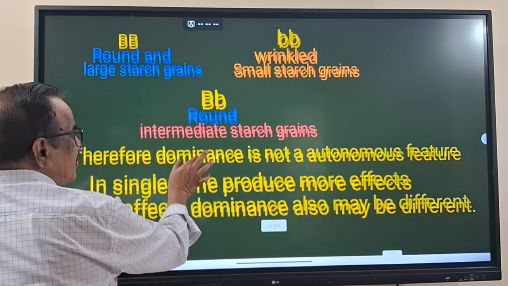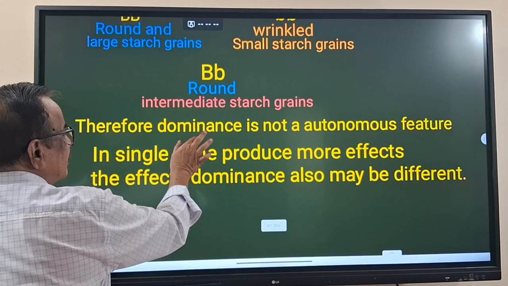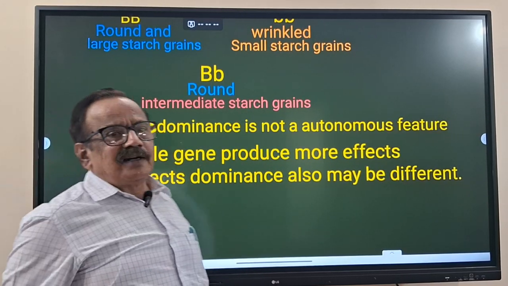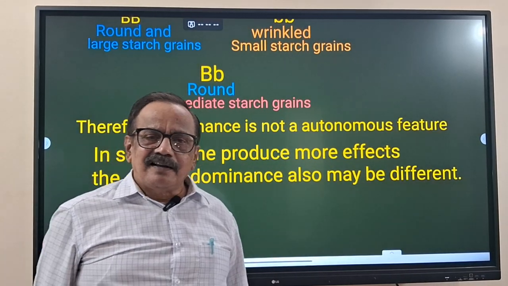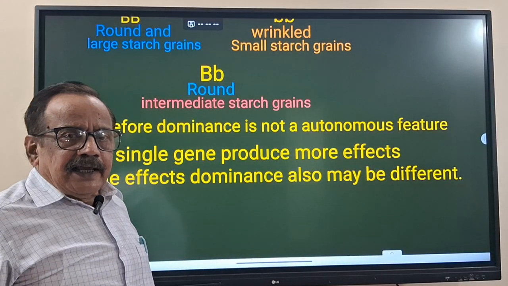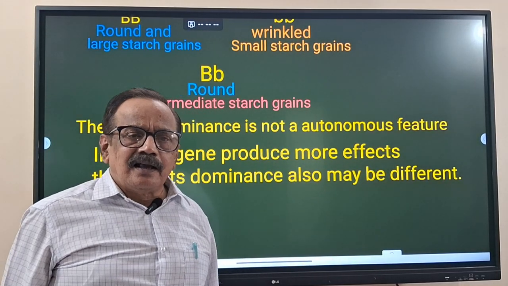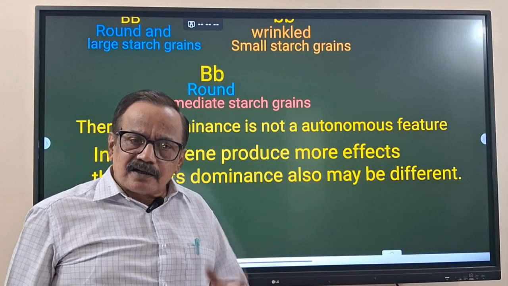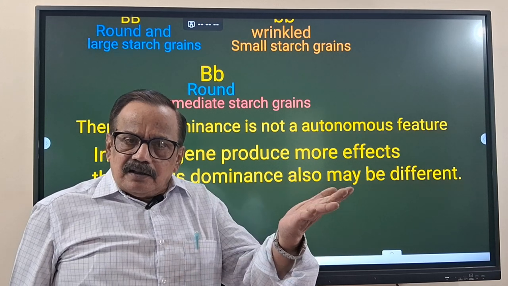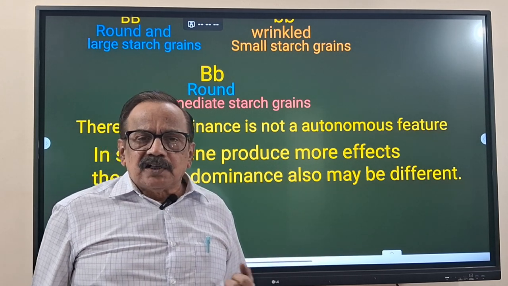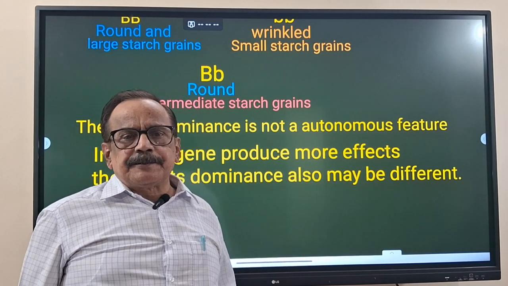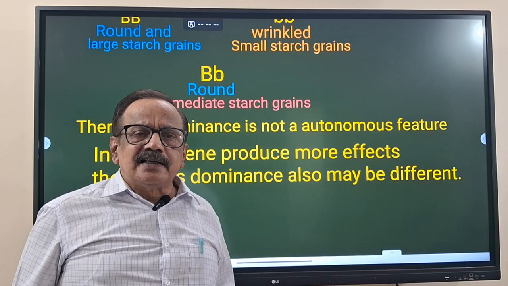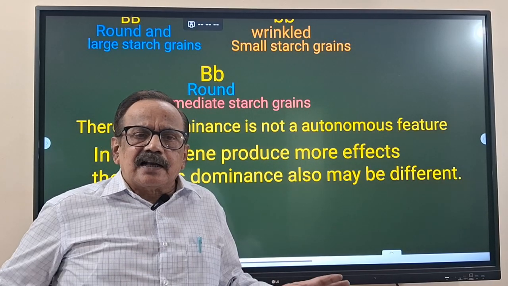And he has given one conclusion. Many students ask, what is this paragraph he has given? The thing is, by seeing codominance in the blood group and in the pea seeds, dominance is not an autonomous character.